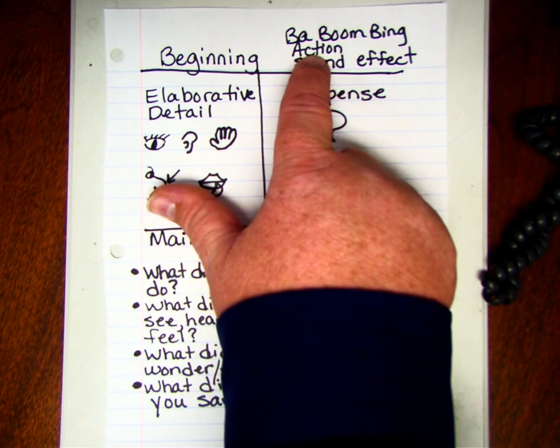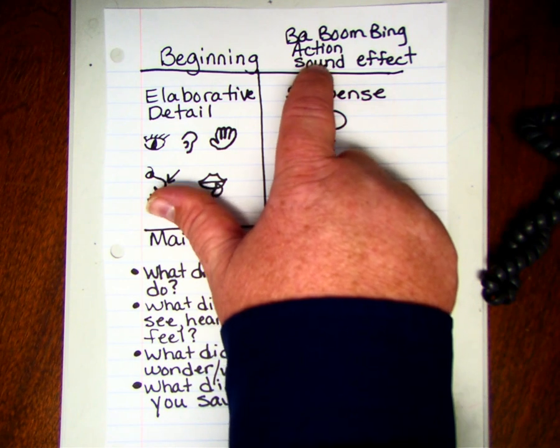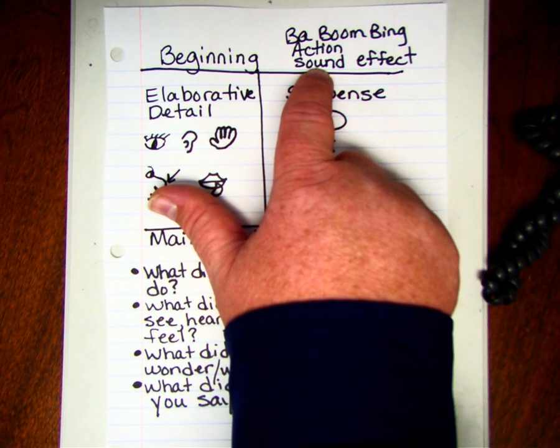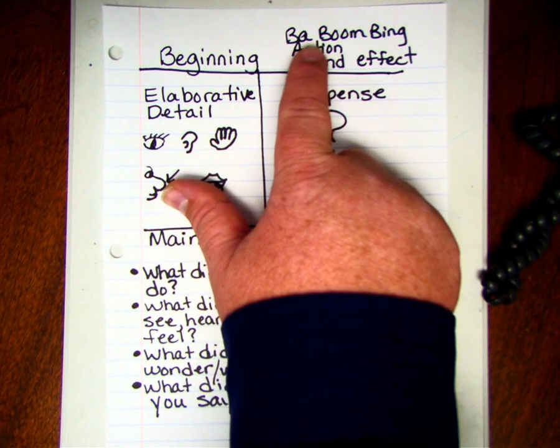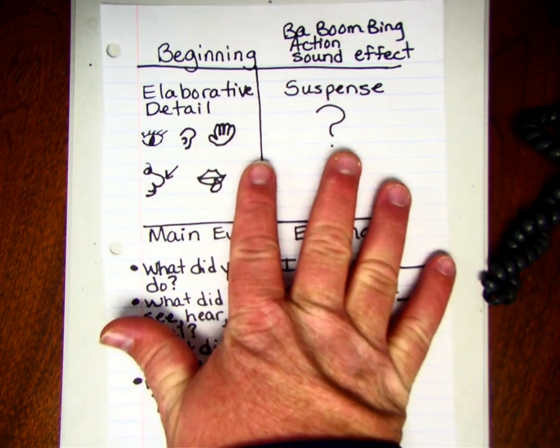The second way to start a story is through an action sentence, just a straight action. The third way to start a beginning is your sound effect, just a straight sound effect to start the story. But for this lesson, I'm going to be doing the ba, boom, bing to start the story.